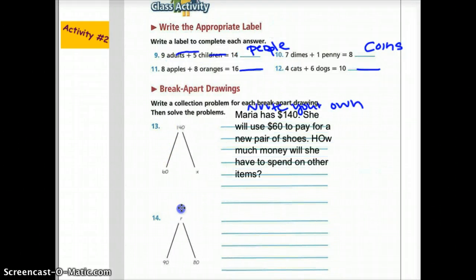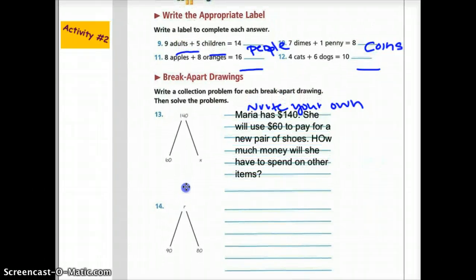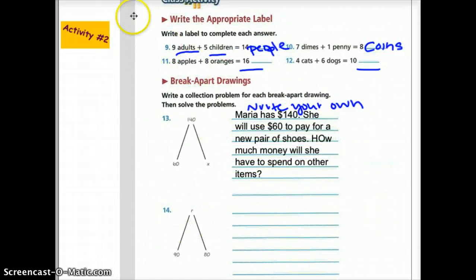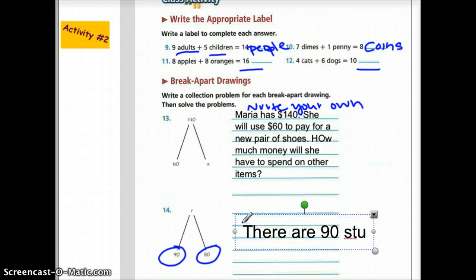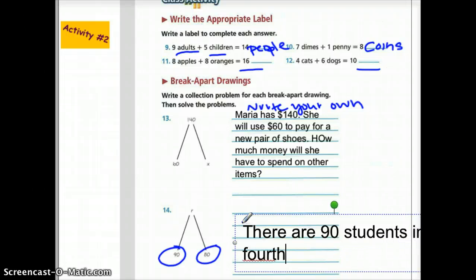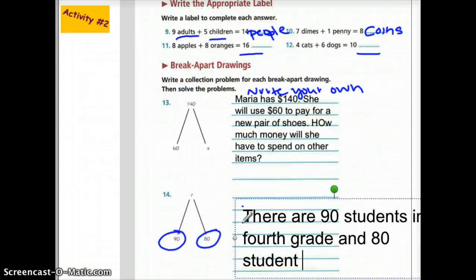The next one, I have an unknown total, and I have the 2 addends. So for this one, I could say there are 90 students in 4th grade and 80 students in 5th grade.